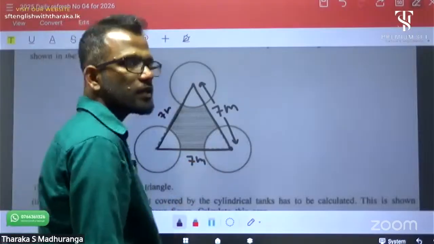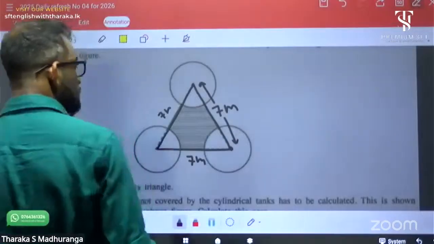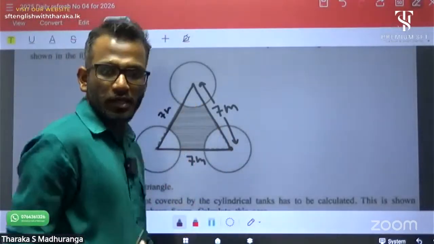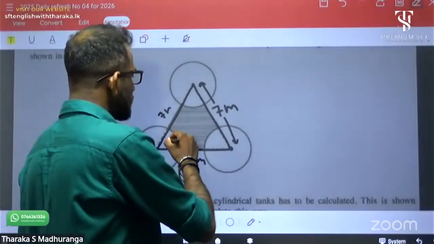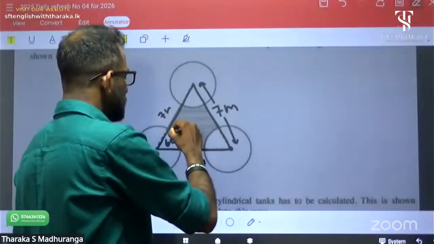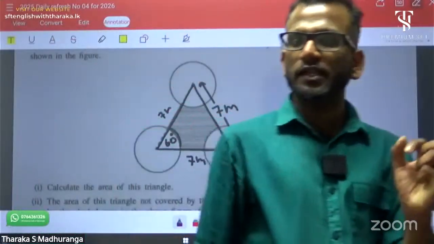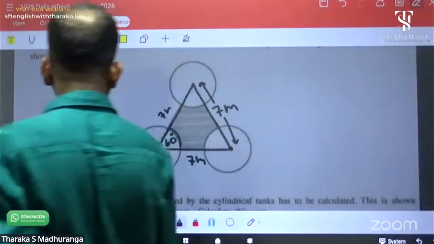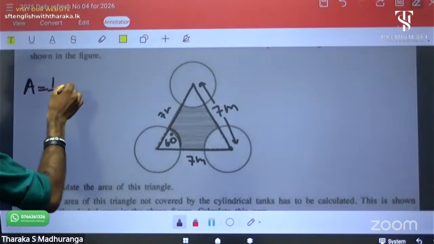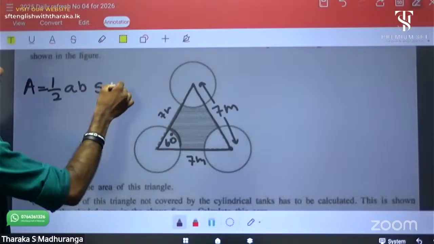Okay, how can we get the area? We have two options. If it is an equilateral triangle, all angles are equal, so one angle is 180 over 3, which is 60. Now we can use the area equals half into AB sine C, our basic equation.